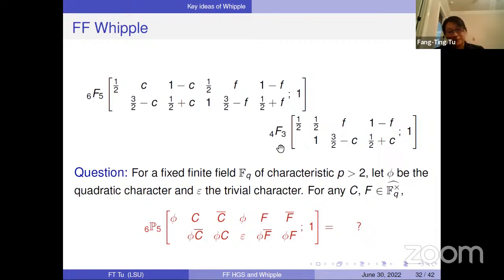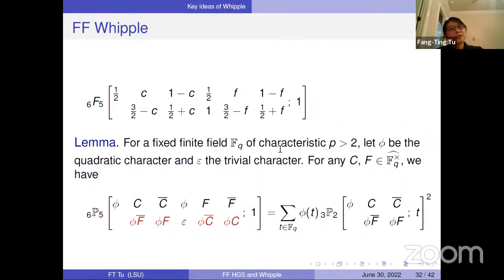We tried different versions, but it turns out that if we shuffle the lower parameters a little bit, then we get an identity like this, which is a sum over all characters of a square of 3F2 and some twist.